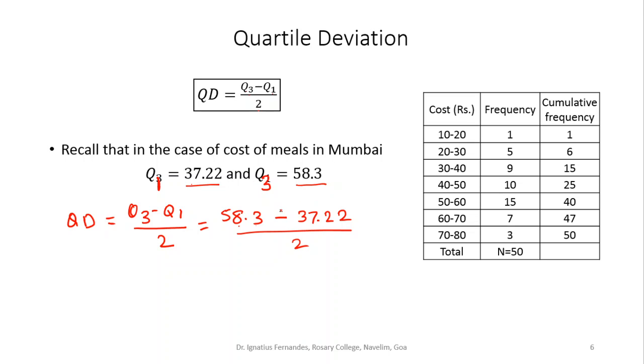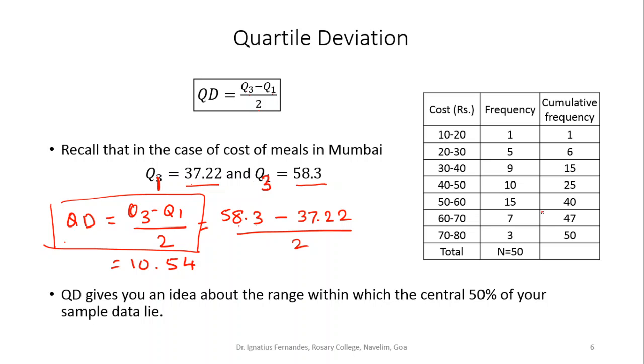So you have to calculate this value, and you will get a value which is 10.54. So this is how you have to calculate quartile deviation. Given the data set, whether it is ungrouped or grouped, calculate the first quartile and the third quartile and substitute in this formula. So what quartile deviation gives us is an idea about the range in which 50% of your sample data lie.